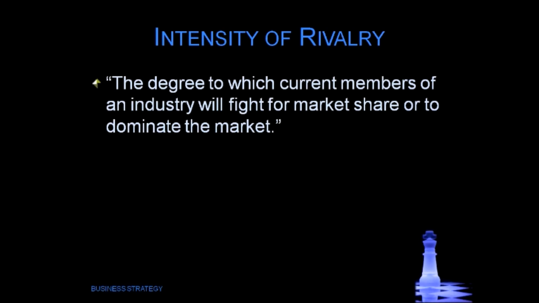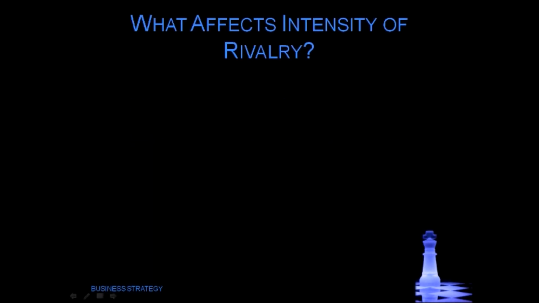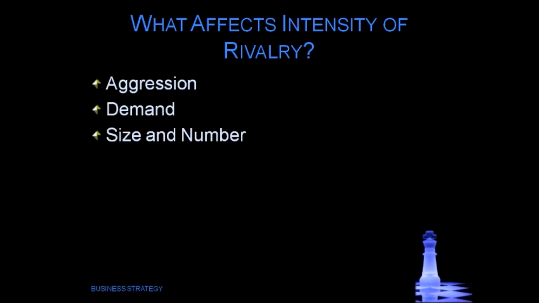All of these impact the intensity of rivalry, which is the degree to which current members of an industry will fight for market share or to dominate the market. What affects it? Aggression. Some companies are just simply aggressive. Coke and Pepsi, for example, are both very aggressive. High demand. The size and number of competitors will affect the intensity of rivalry.